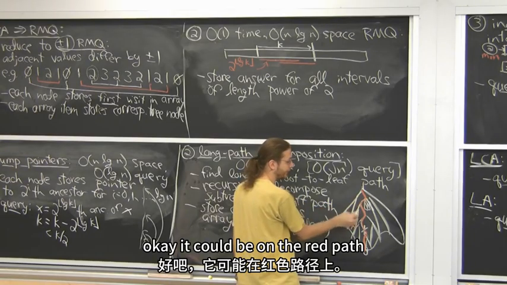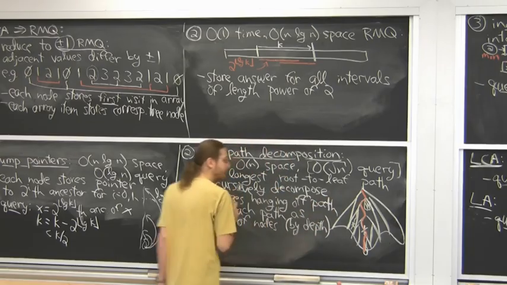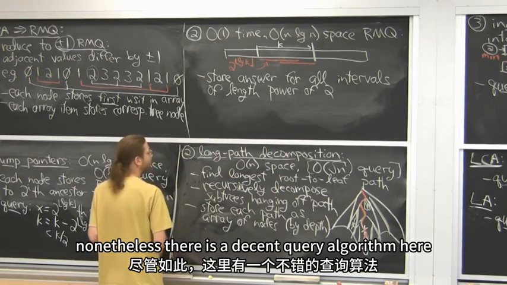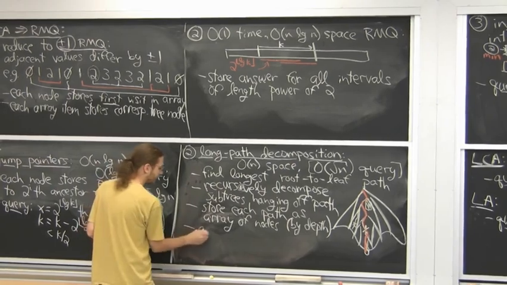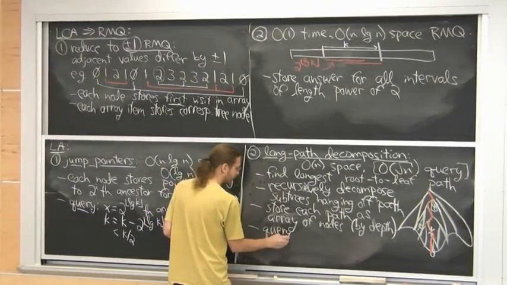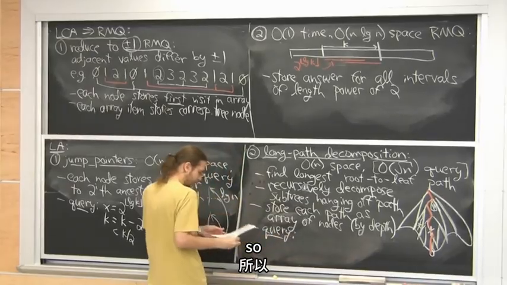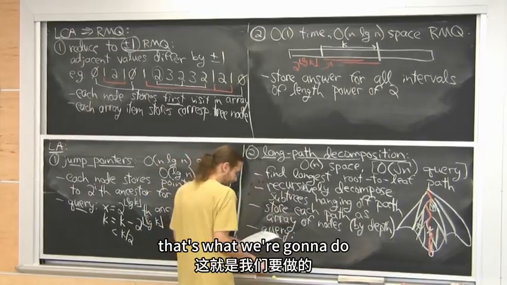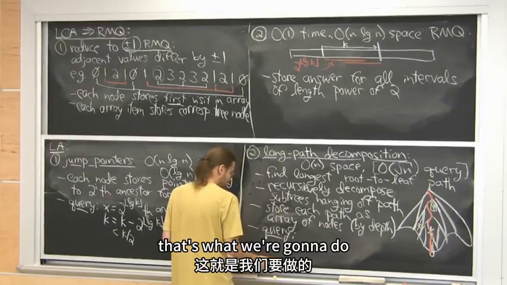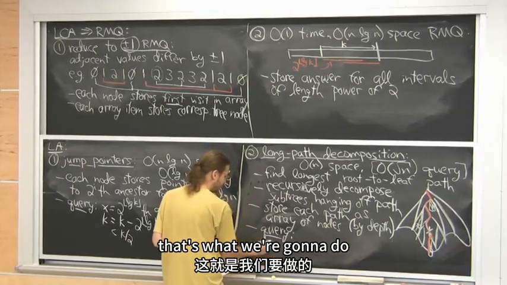Okay, it could be on the red path, and I can't jump there instantaneously. Nonetheless, there is a decent query algorithm here. All right. So, here's what we're going to do.